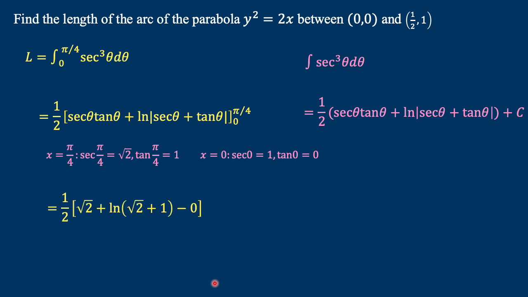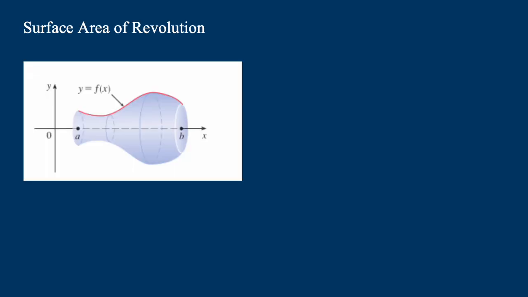So when you plug in this value, 1.5 times square root 2 times 1 is square root 2, ln of square root 2 plus 1, minus 1 times 0 is 0, ln 1 is 0. So we have the arc length for this curve right here: 1.5 square root 2 plus ln of square root 2 plus 1.